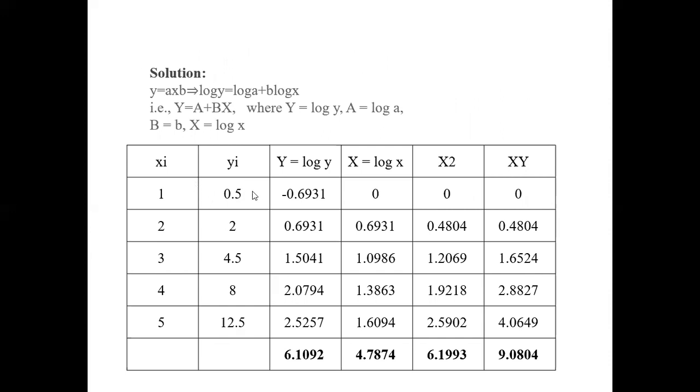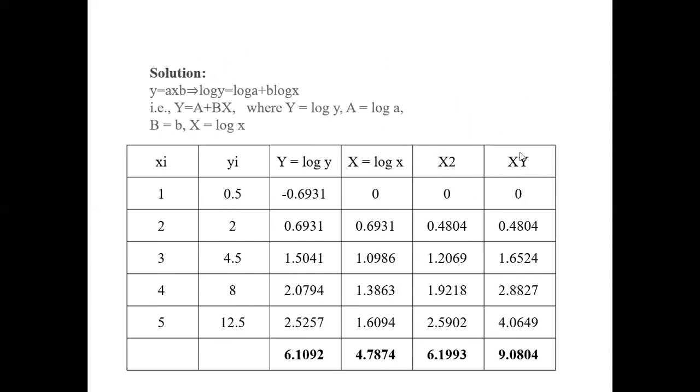Take a log of y: log 0.5, log 2, log 4.5, log 8 and log 12.5. Make a summation of this. Log of x: log 1 is 0, log 2, log 3, log 4 and log 5. Make the addition.